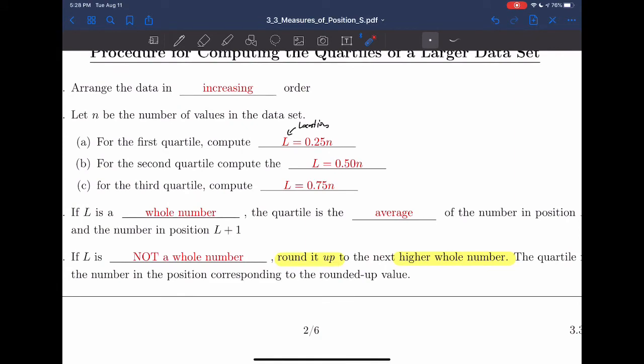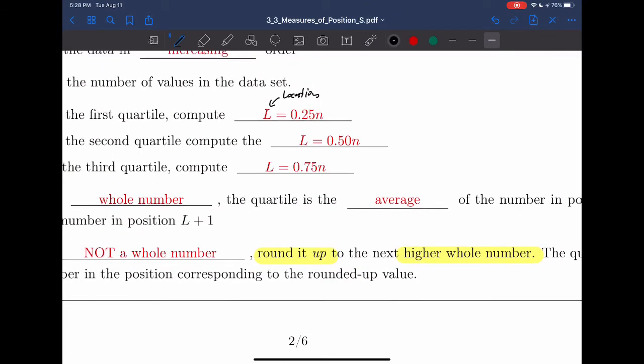For example, if you compute your L and you get something like 8.2, you still round it up to the next highest whole number, which is 9. And this number just represents the location of your quartile.